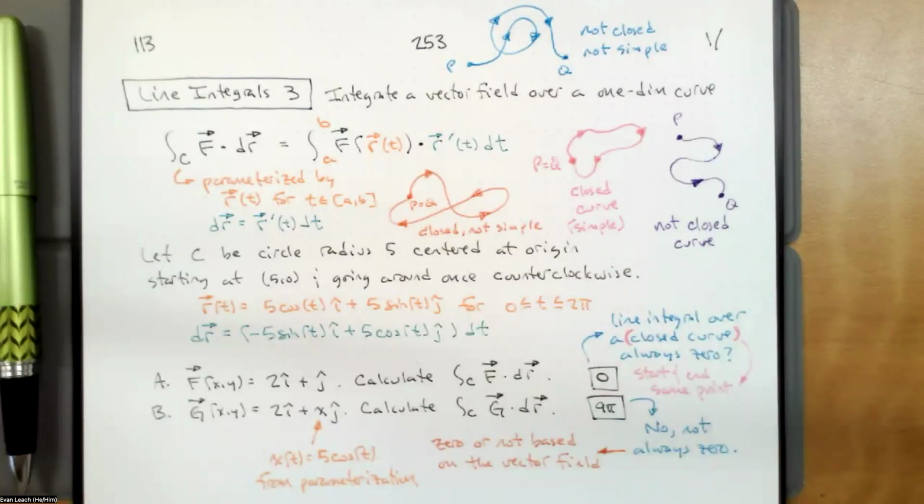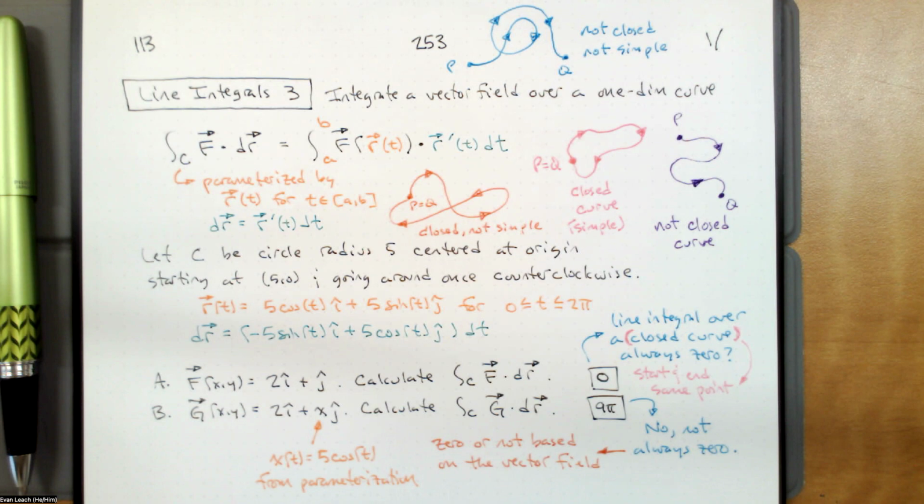It will depend on the vector field that we are integrating. So both of these vector fields, we integrate over the same closed curve, but we get 0 for the first one, and we'll end up with 9 pi for the second one, assuming, of course, that earlier I did the calculation correctly, which is a big assumption.